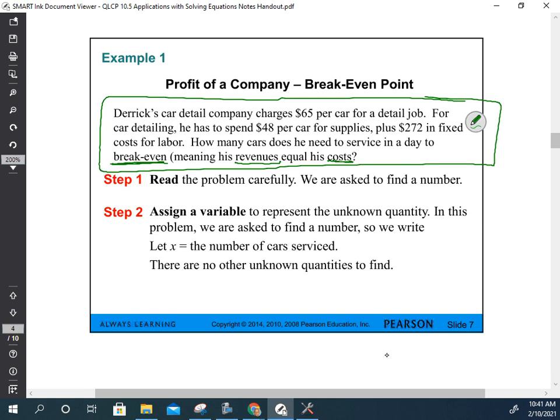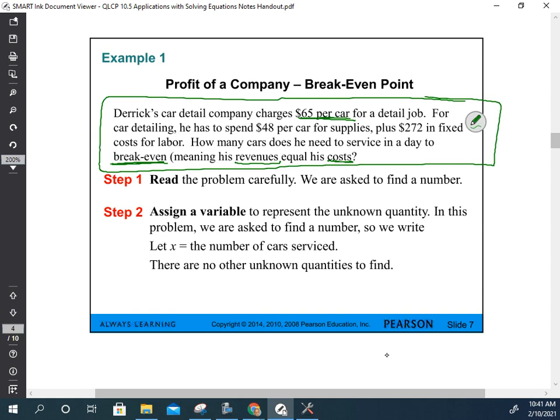So Derek owns a car detail company. He charges $65 per car. So for every car he details, he's charging $65. Derek, no offense. The average detail is about $90. So I'll come to you because you're charging 65, but you're shortchanging yourself.